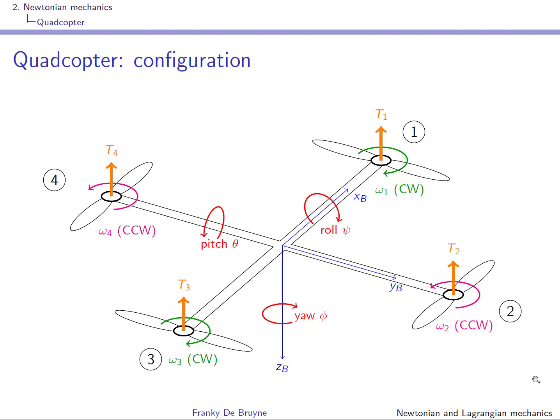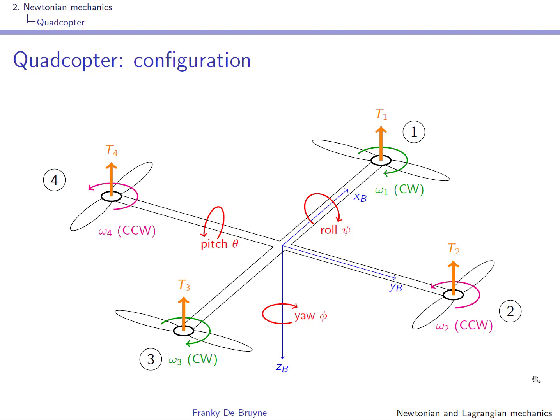So you have in blue the 3 variables in translation, here attached to the body frame, and as we have seen before, you need 3 variables for rotation. So let's take the first one, yaw. Remember, you have yaw, pitch and roll.